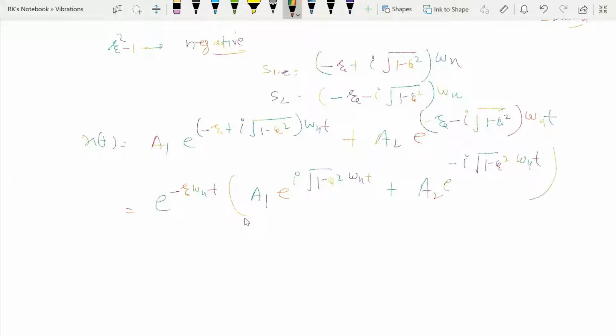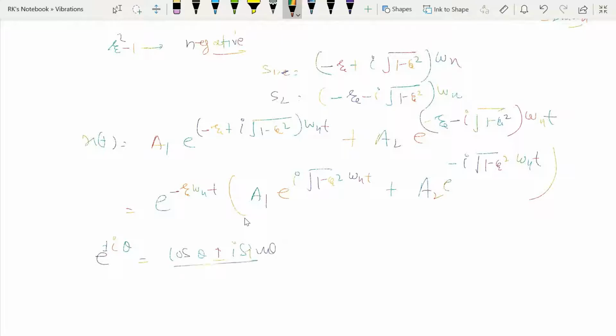Now we can use the trigonometric relationship e raised to power plus minus iota theta equals cos theta plus minus iota sin theta.